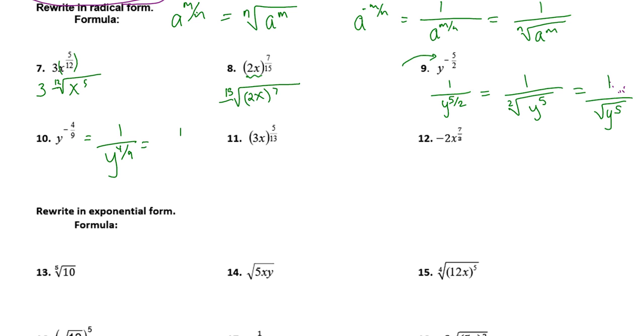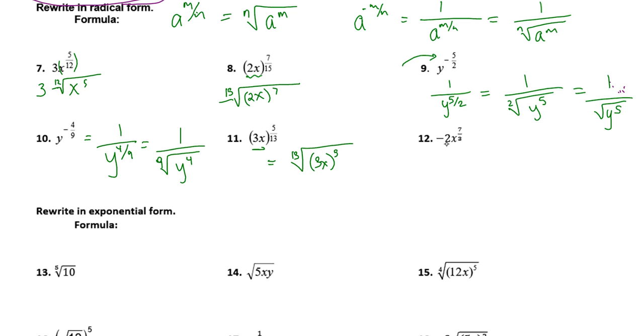And then using the formula, here's a radical with a 9 out on the shelf and y to the 4th on the inside. Oh, look, this is like that first one, except for now it has parentheses. So it's going to be 13 on the shelf and inside 3x to the 5th power.